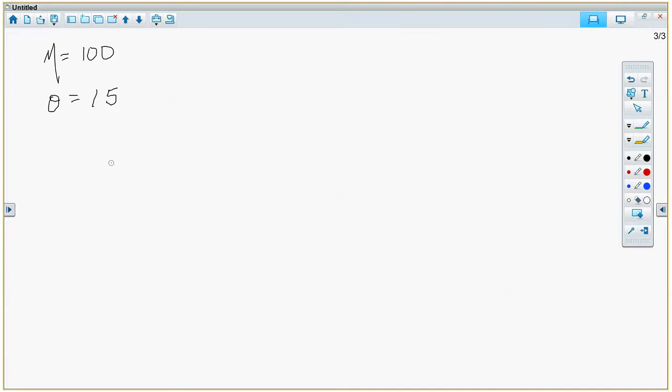And I want to know the area, or not the area, well, yeah, probability. I like to use probability, but we'll use area. What is the probability of having a score less than 80?